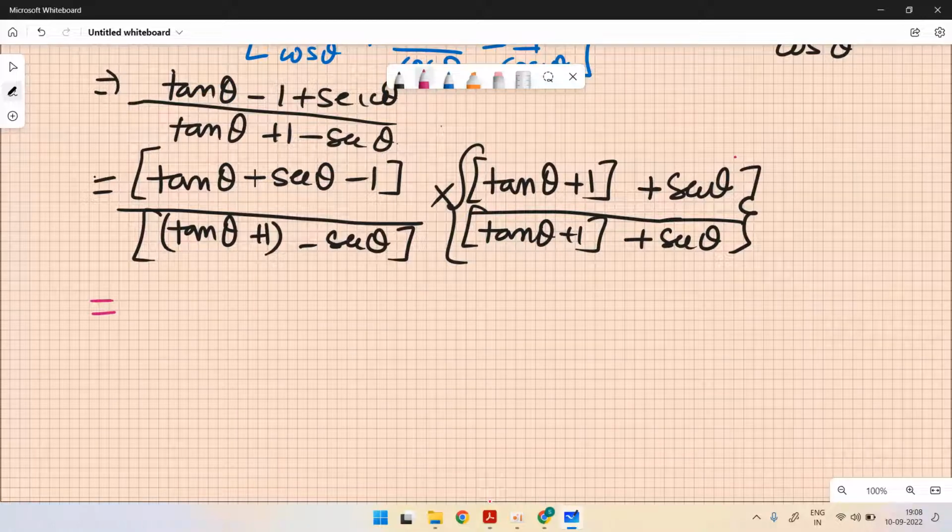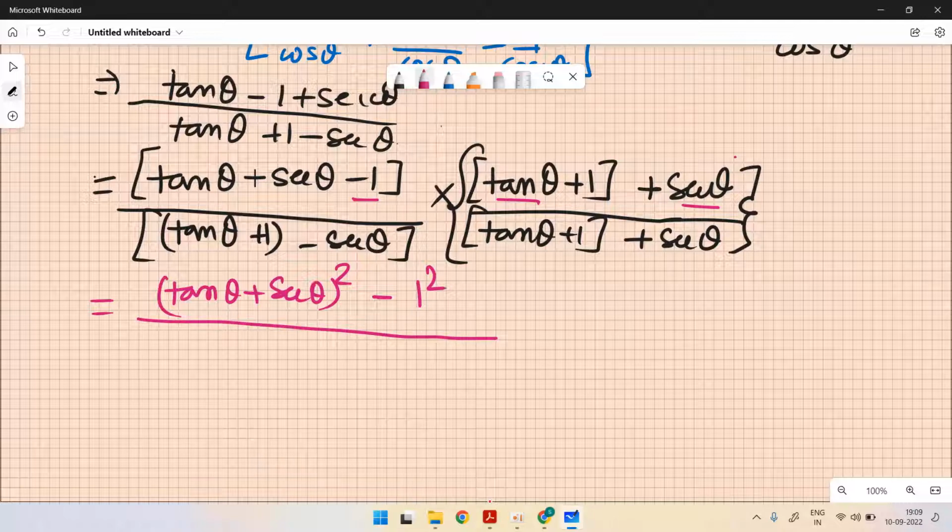If I do this, in the numerator you can see that this is tan theta plus secant theta whole square minus 1 square, and in the denominator this is tan theta plus 1 whole square minus secant square theta.